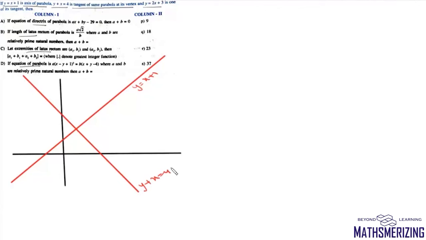Now, how do we solve this question? First, we'll draw this parabola. We have the coordinate axes, and then we have this line y equals x plus 1, which is the axis of the parabola. Then we have y plus x equals 4, which is the tangent at the vertex, and then we have this parabola.